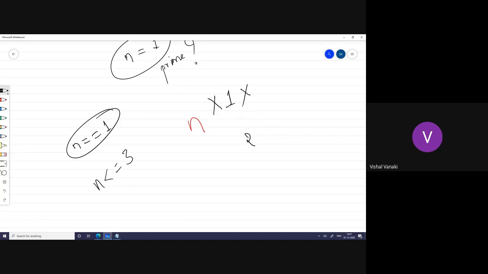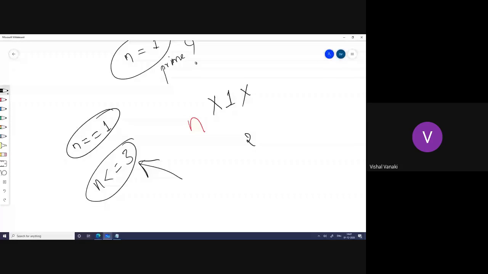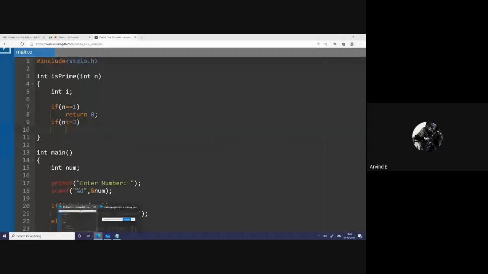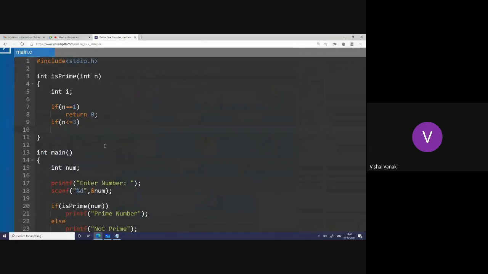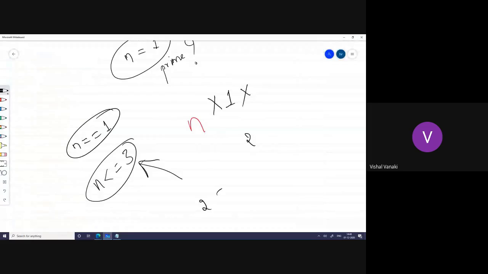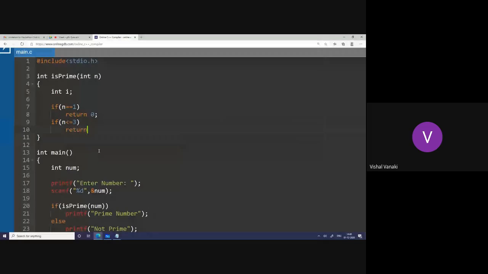So the possible values of n are 2 and 3. Are 2 and 3 prime or not a prime? They are prime numbers. So if they are prime numbers, I have to return 1.